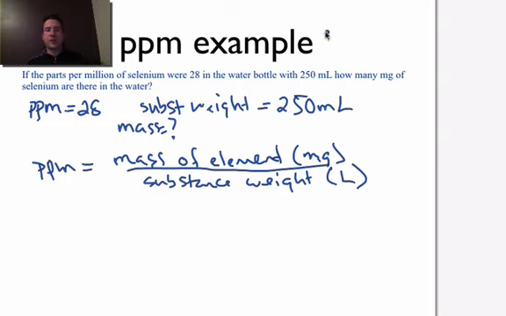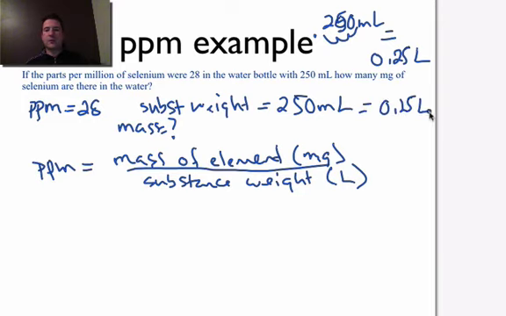So I'm going to do the conversion up top here. 250 milliliters is going to equal 0.25 liters, dividing by 1,000, moving the decimal place three places. So this is also going to equal 0.25 liters.